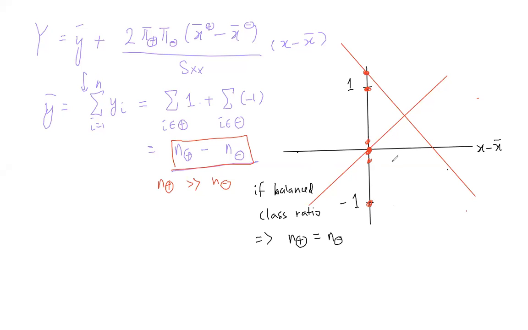It cannot be a decimal actually. It has to be in integers, so we'll go by integers. So anyway, for simplicity, let's just assume that we have equal classes, then we will have something like that.